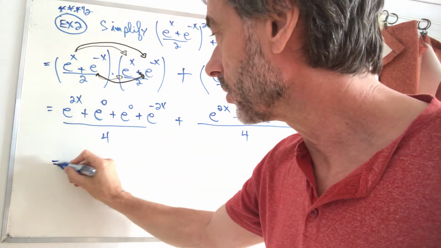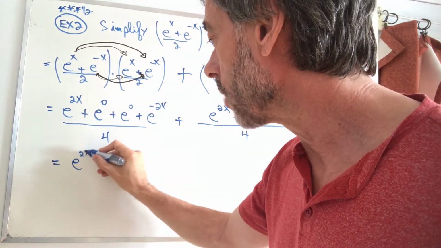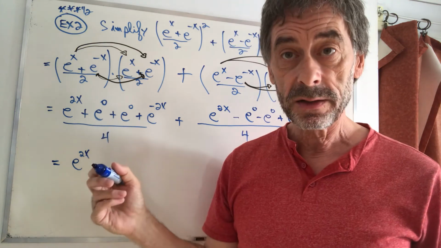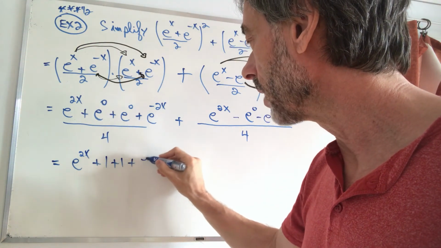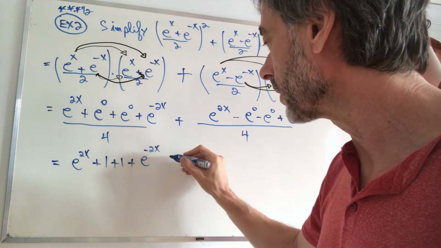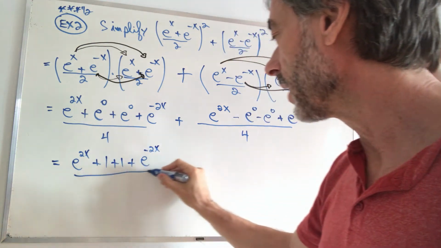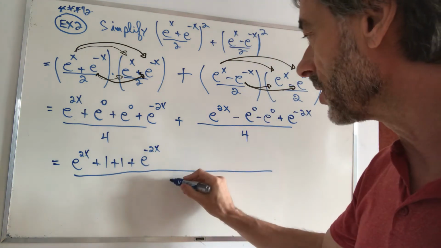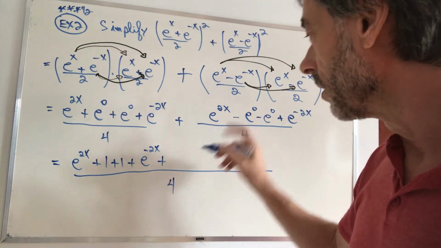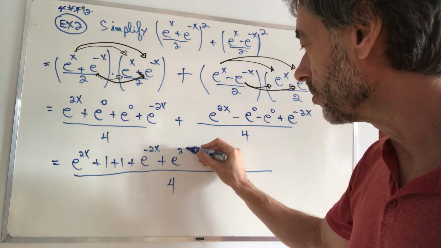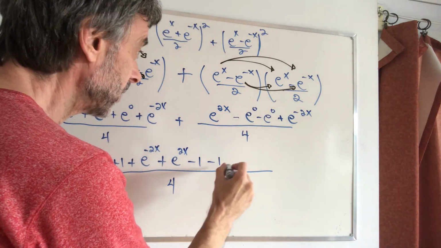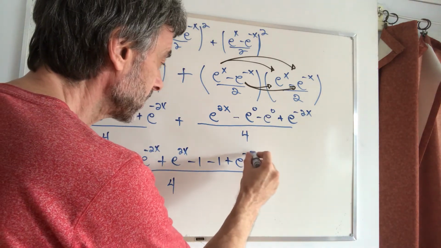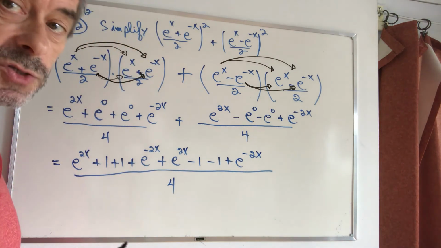Let's collect our like terms. e^(2x), what's e^0 again? It's 1, plus 1, plus 1, plus e^(-2x). I'm going to take a big common denominator of 4, plus e^(2x) minus 1 plus e^(-2x).